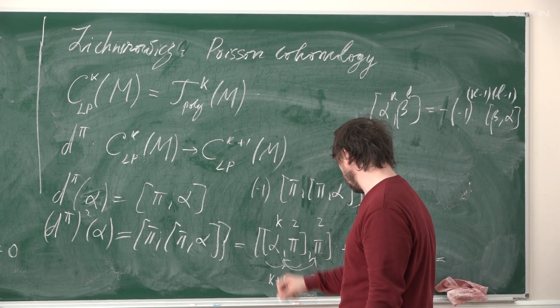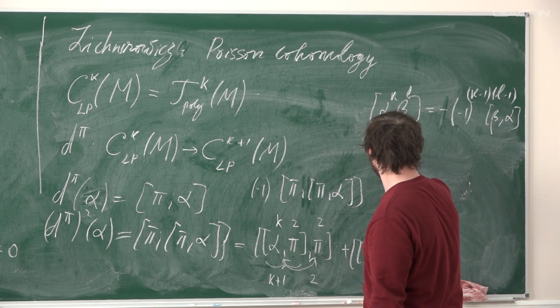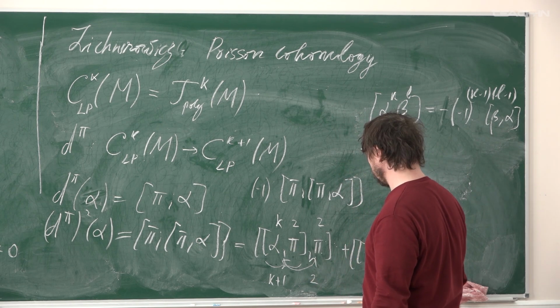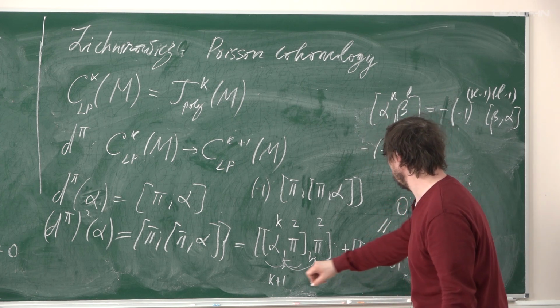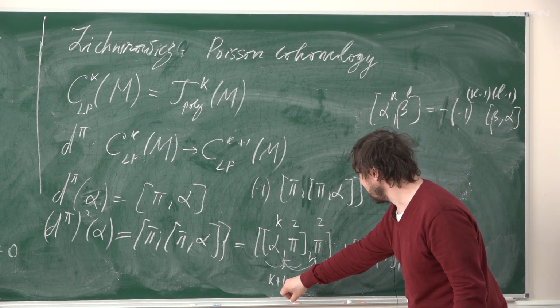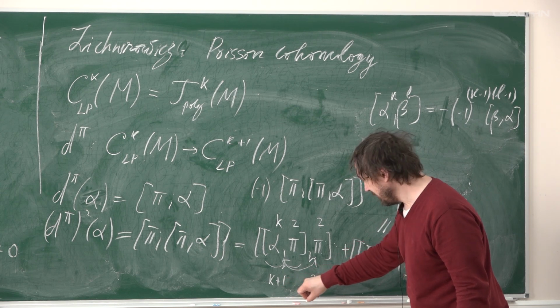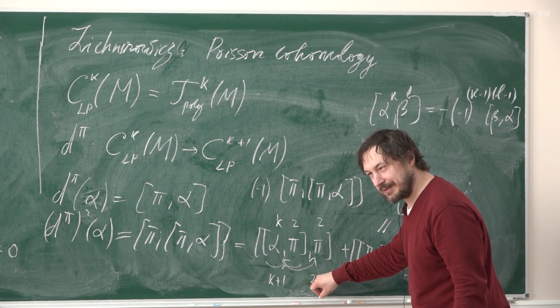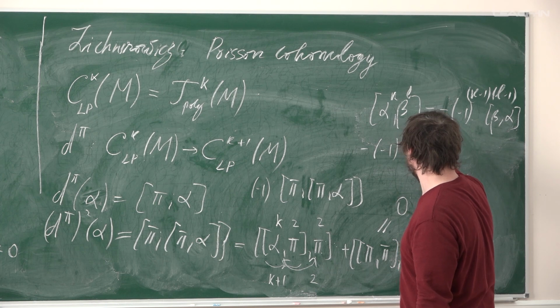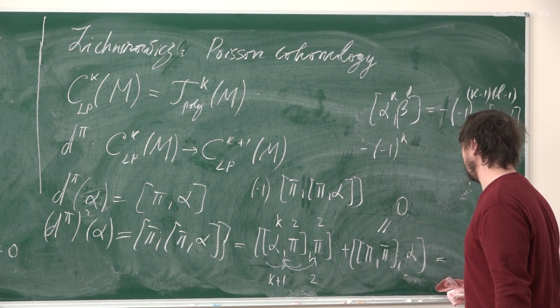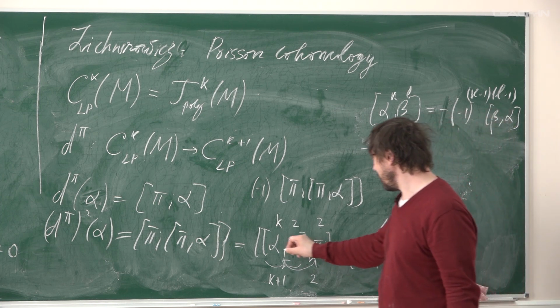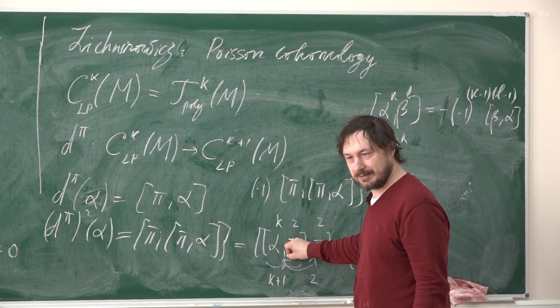So when we change the order, we get minus 1 to the degree k plus 1 minus 1 times 2 minus 1. And that's just minus to the power k. But then we need to change the order here as well.